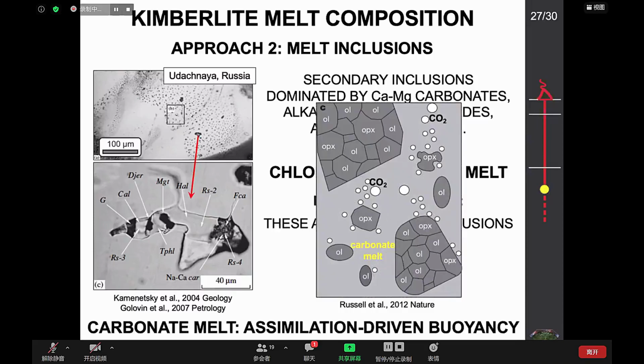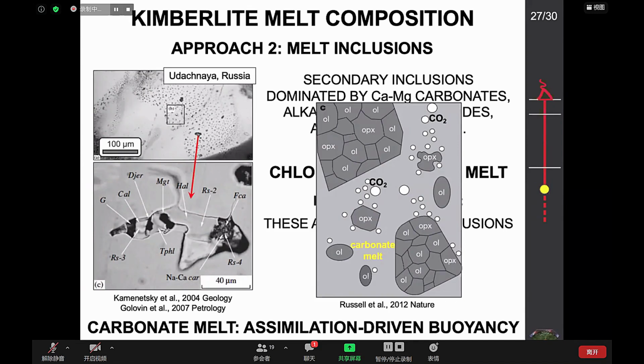Kelly Russell, for example, developed this nice study in Nature in 2012, whereby carbonate melts on the way up assimilate orthopyroxene and bulk peridotite material and exhaust CO2, so you have a very fast ascent driven by CO2 exsolution, and at the same time you develop these more silicate-carbonate melt compositions that are akin to kimberlites in the upper crust.